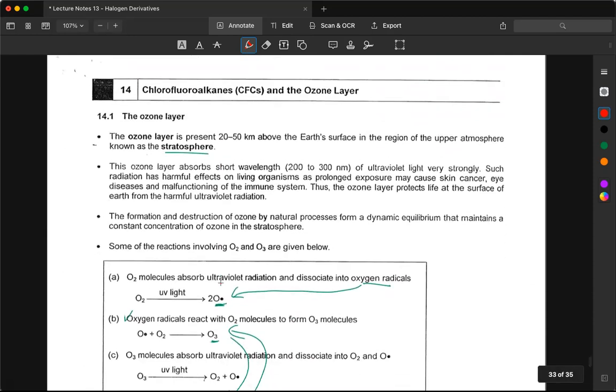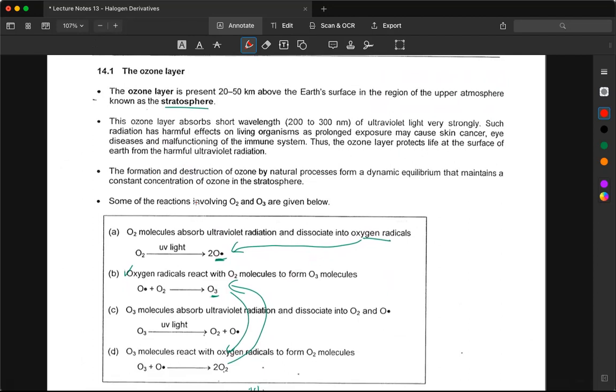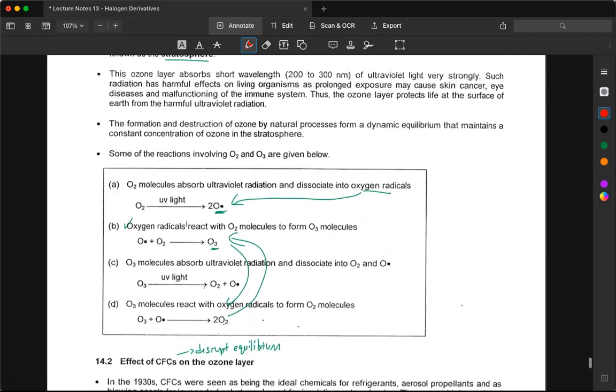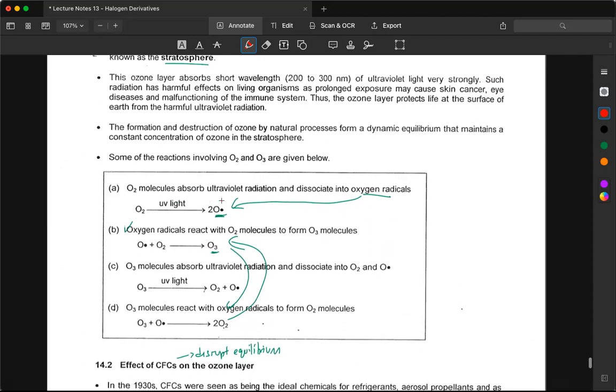Now, what happens to the ozone layer? It is present 20 to 50 kilometers above the Earth's surface in the stratosphere. And you can read yourself here, but we are just focusing on the reactions. The oxygen molecules absorb UV radiation and dissociate into radicals.